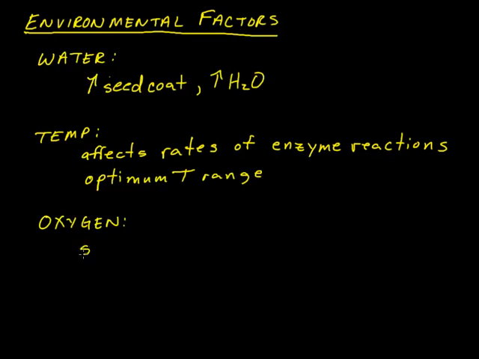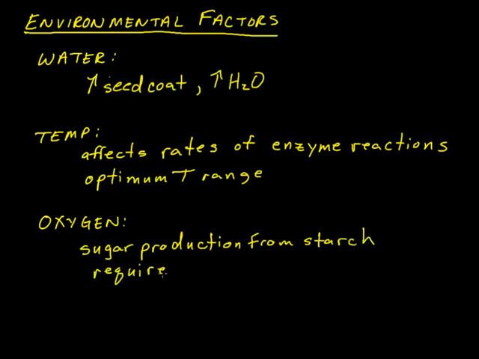So let's say sugar production from starch requires respiration to be happening. And indeed, if we look back in the notes, that is one of the events that we listed: there's an increase, generally speaking, in respiration in the embryo.